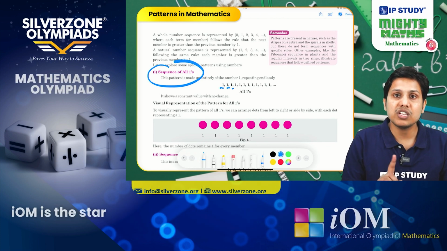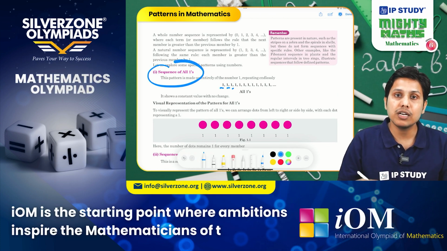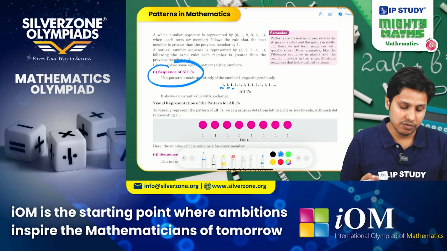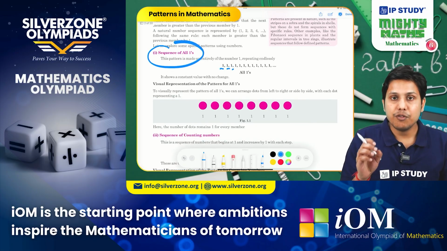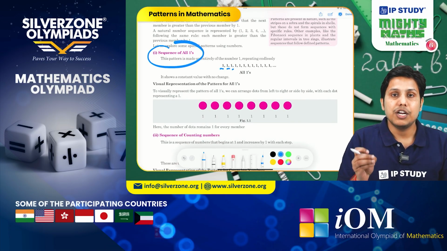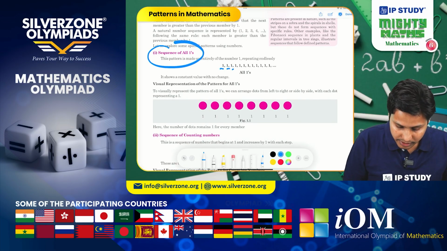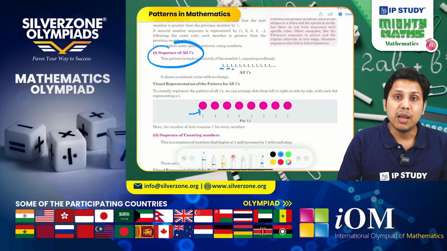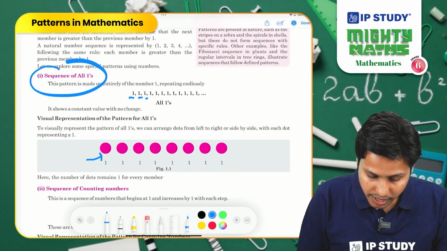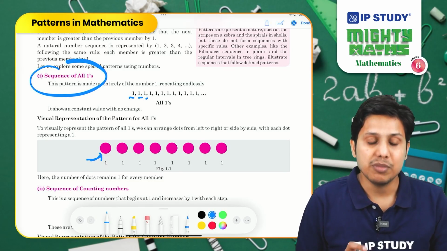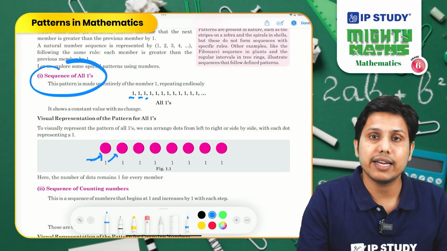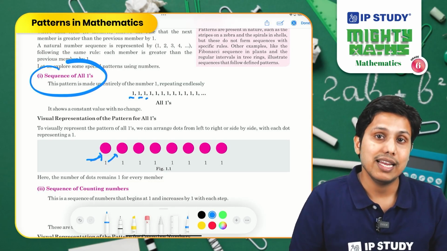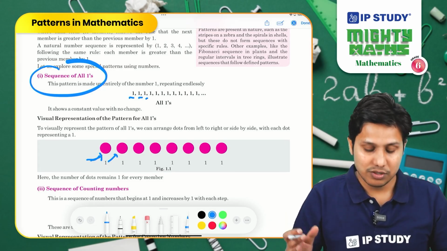There is no change in the member, every time one comes after the previous one. And to represent it visually, we can use a dot or a circle like this, and the number of dots or circles represent the member of the sequence. Here one dot represents the first member, the second dot represents the second member, and so on. Isn't it interesting? Yes, students.